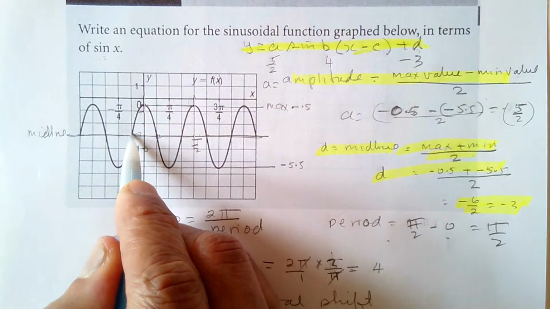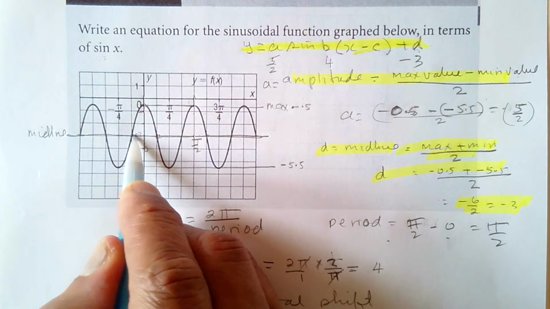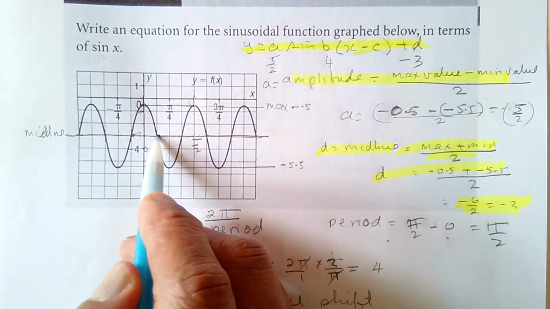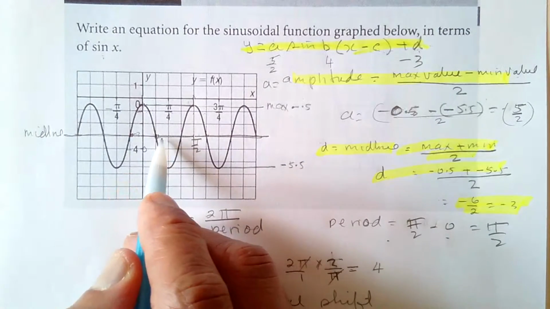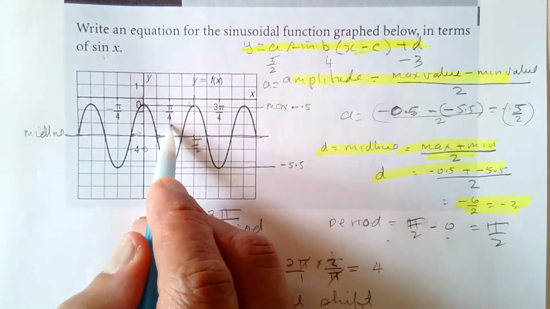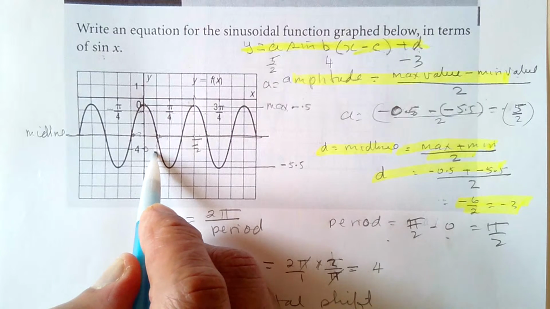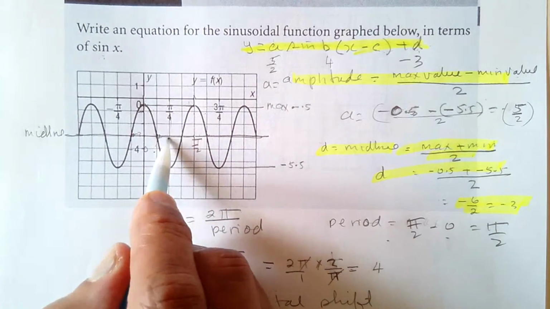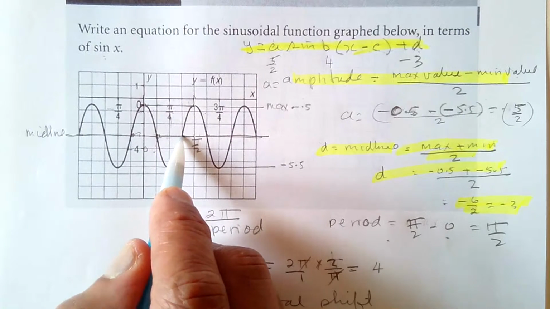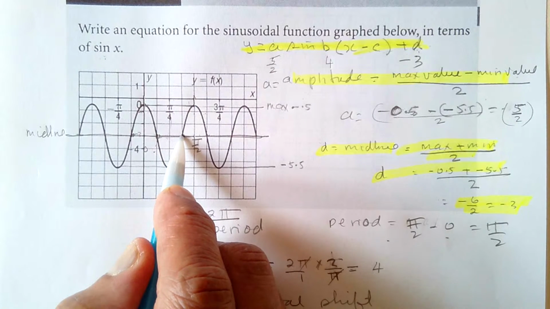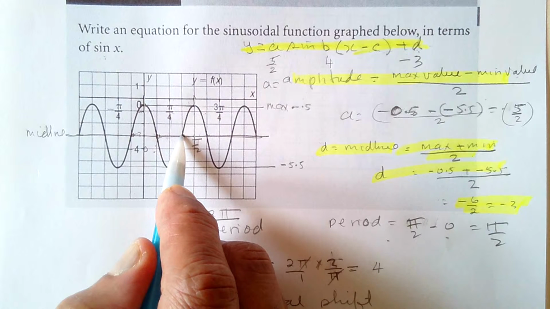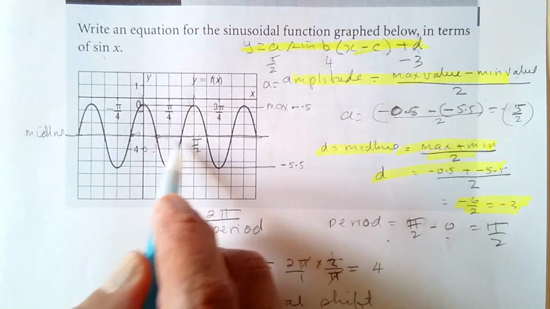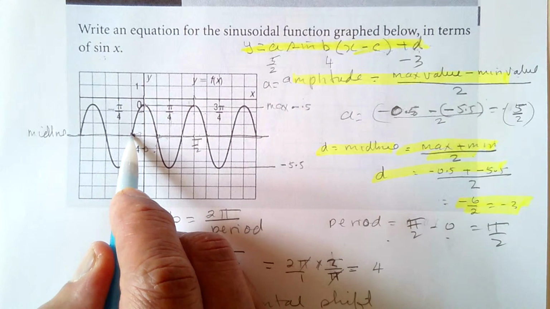But if you start from here, we'll have a positive shift. In other words, instead of starting from here, the graph starts from here. Now, each one of these grids is pi over 4, and this would be pi over 8. So you can use here as your starting point, which will give you 3 over 8 pi. If we start from here, it's negative. But if you were to start from here, this is positive.